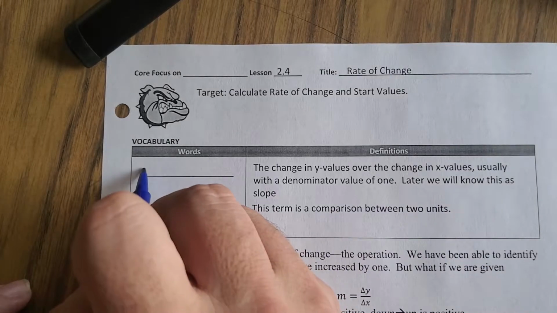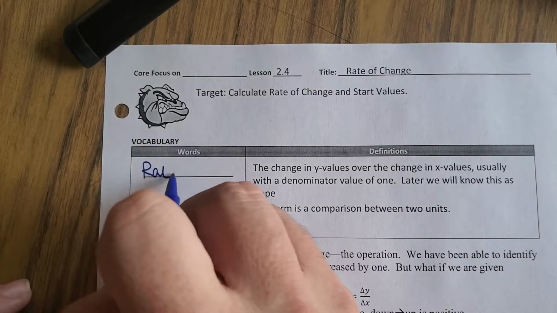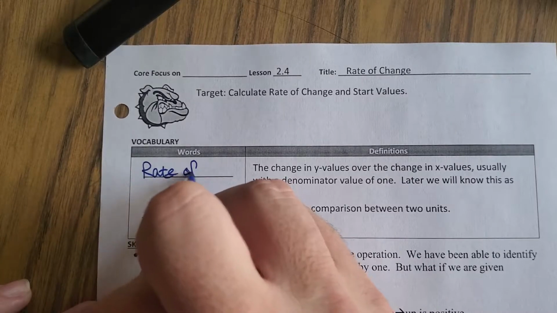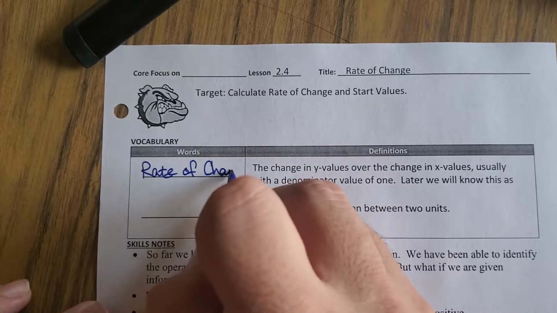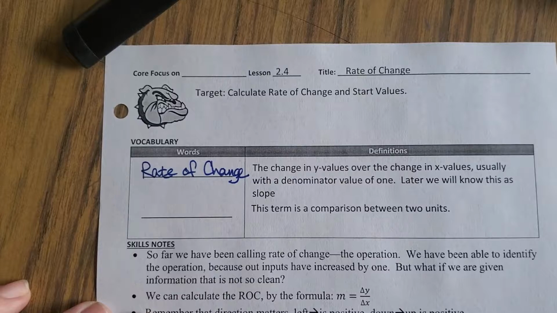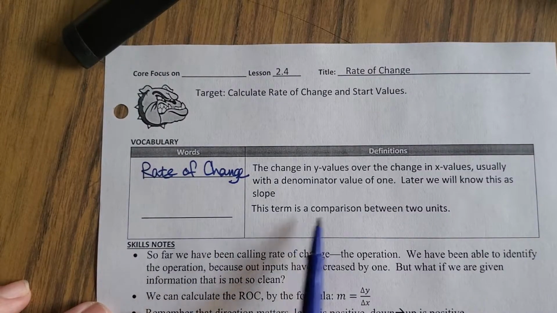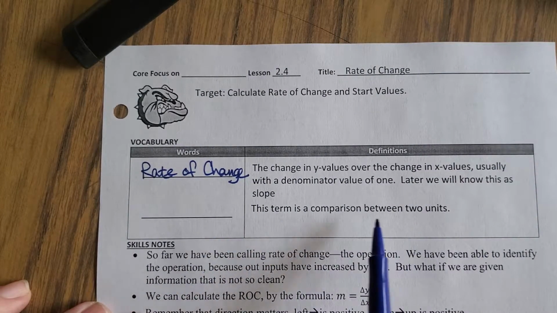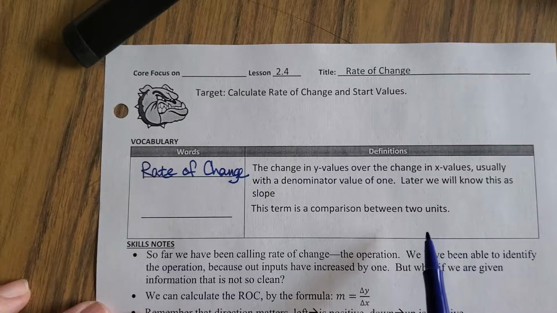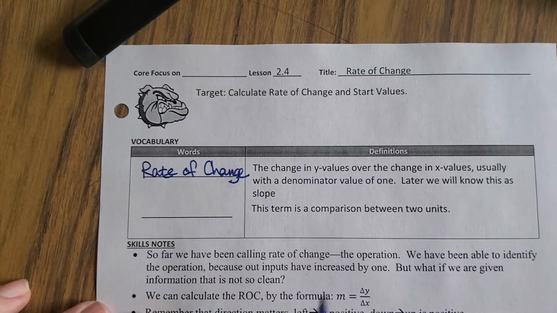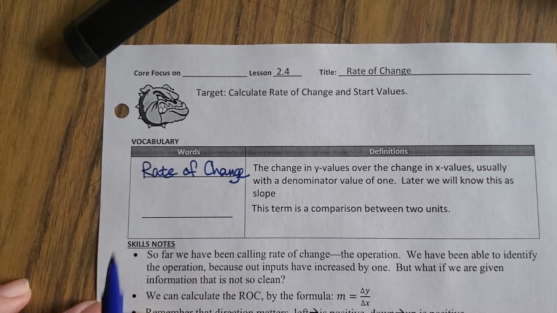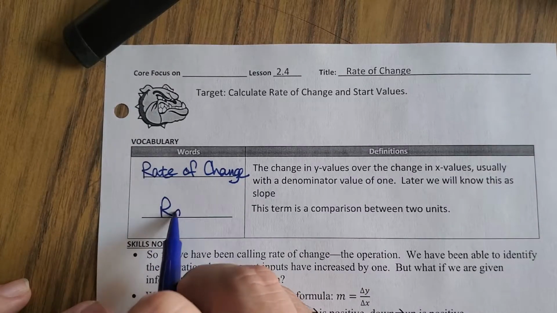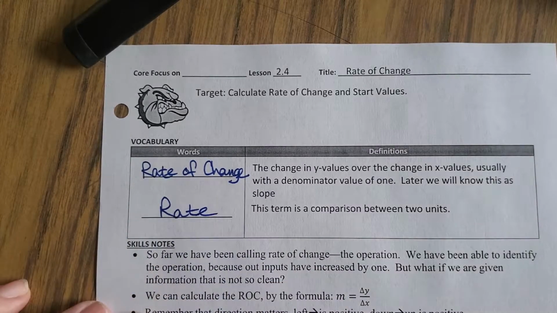We call that the rate of change. It will not always have a denominator of 1. If it's just comparing two different units, one over the other, it's just called a rate. And we'll get examples here shortly.